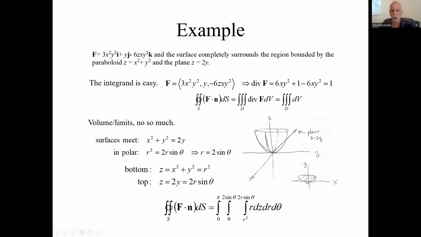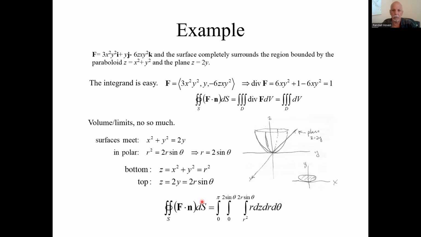That means r goes from 0 out to 2 sine theta. And then you can see here, theta doesn't really go all the way around. It doesn't go 360. It just goes from 0 over to pi. Here's our setup. Getting those limits right is an important part of the problem.